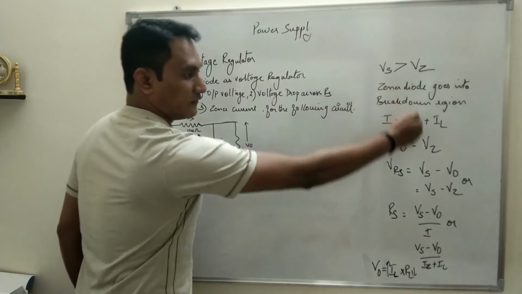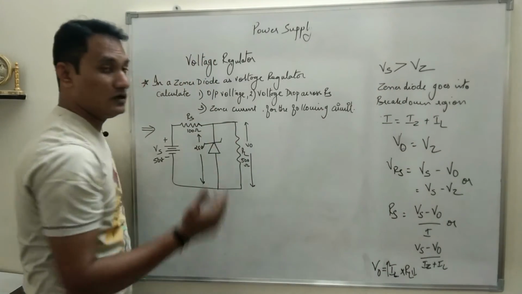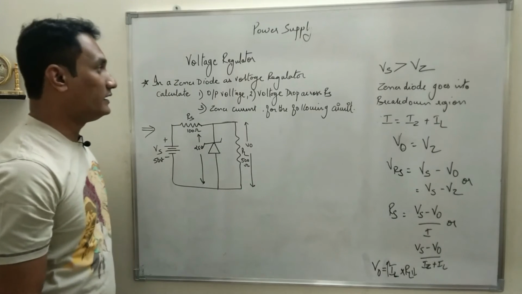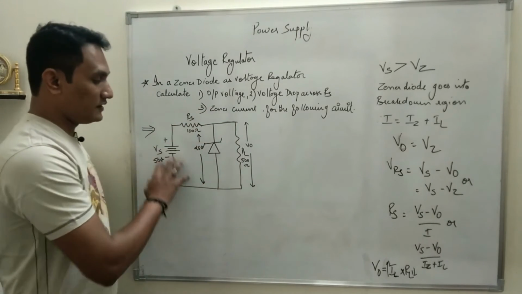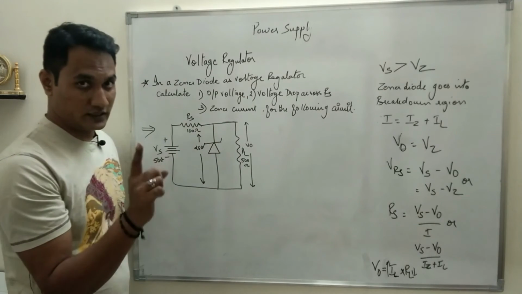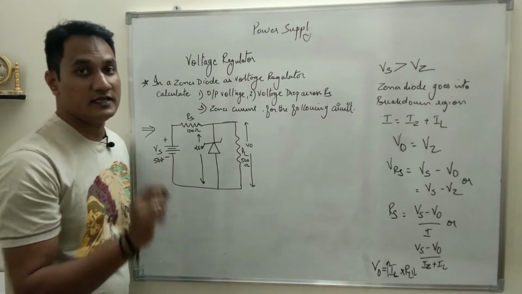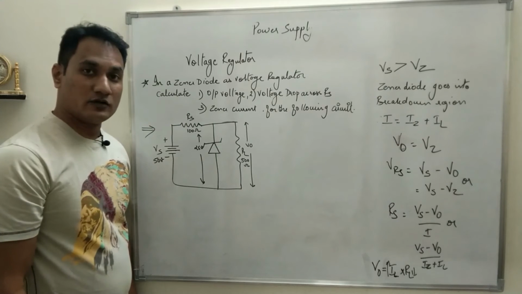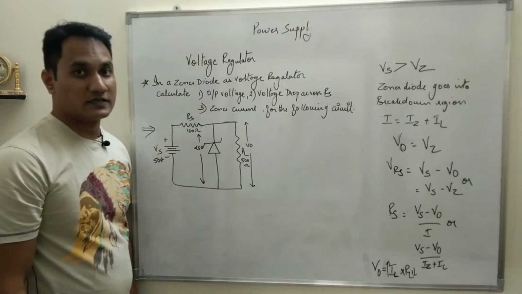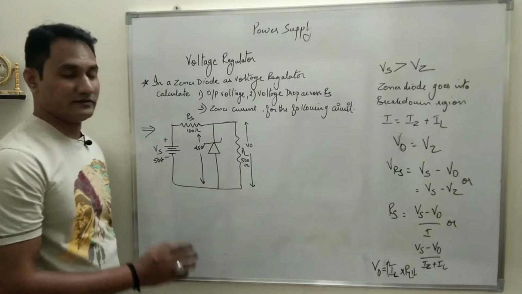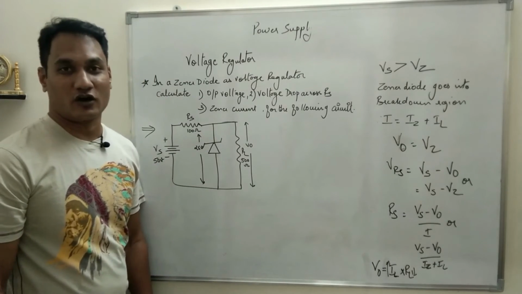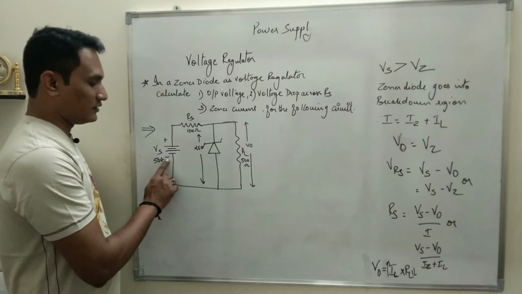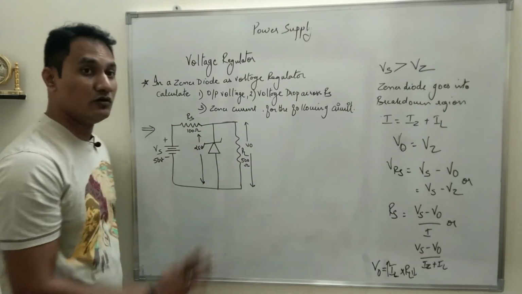These are the formulas based on which we have to solve the problem for Zener diode as voltage regulator. In this figure, the first thing we have to remember is to see whether the Zener diode is connected in reverse bias mode or not. That means P should be connected to negative, N should be connected to positive.